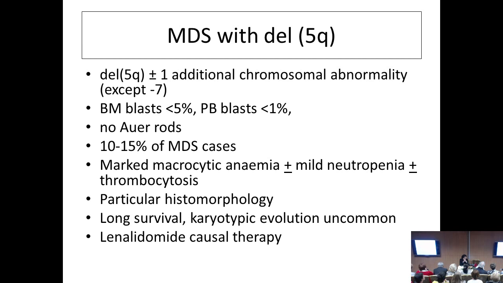Most of these cases have a particular histomorphology, and with regard to prognosis, they show a long survival, and karyotypic evolution is uncommon. There have been discussions in the lenalidomide study.